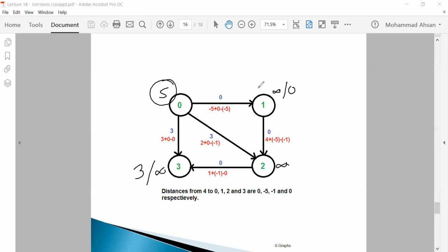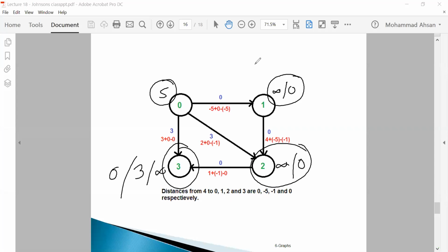The next one is the lowest, so this gets dequeued, and because of this, this distance changes to 0. One has only one outgoing vertex. Next, 2 will get dequeued, and the distance from 2 to 3 is 0. So 0 plus 0, this changes to 0, and then this will get dequeued and you are done.